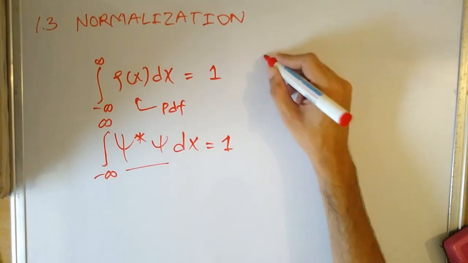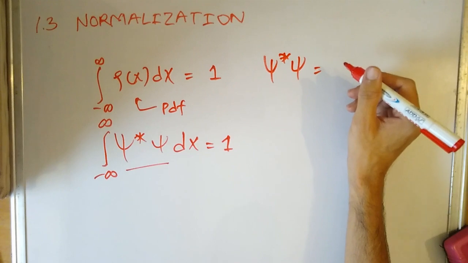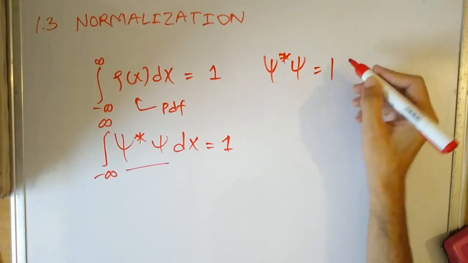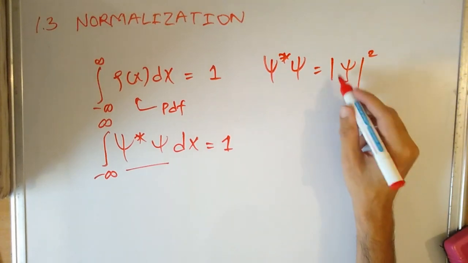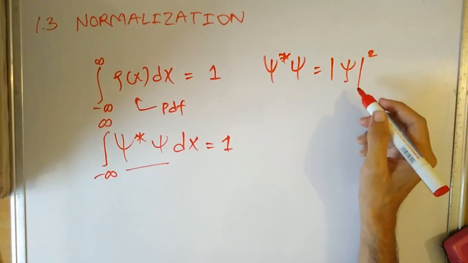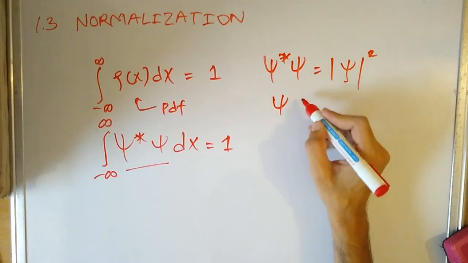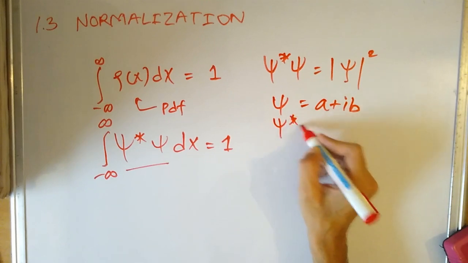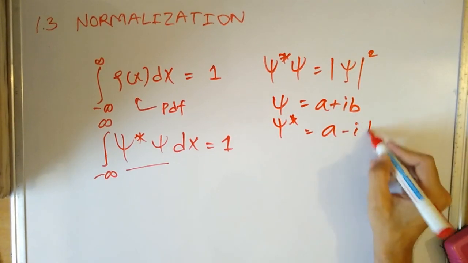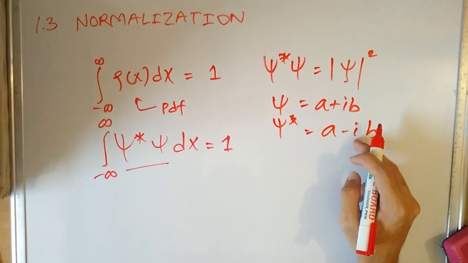Now we know the fact that the multiplication of a complex number and its conjugate will give its modulus squared. So here psi star into psi will give the modulus of psi, the whole square. We can easily prove it also. Previously I wrote psi is a plus ib and psi star is a minus ib, where a and b are real numbers and i represents the square root of minus 1.